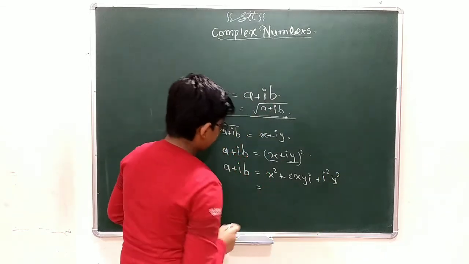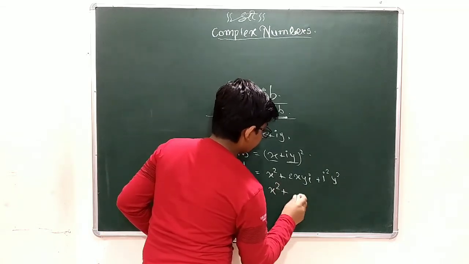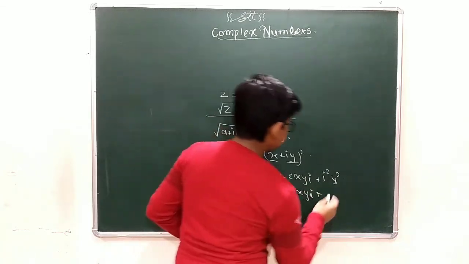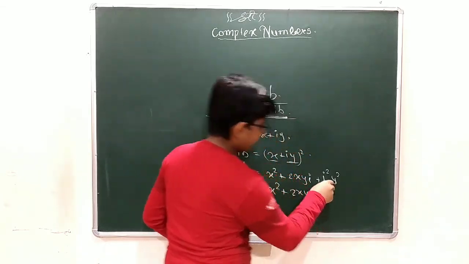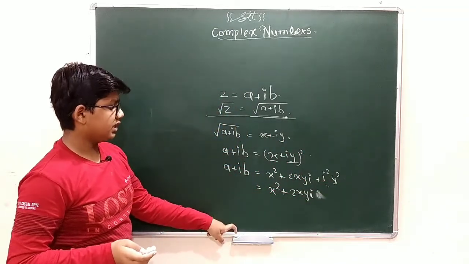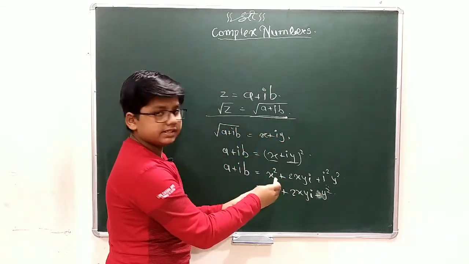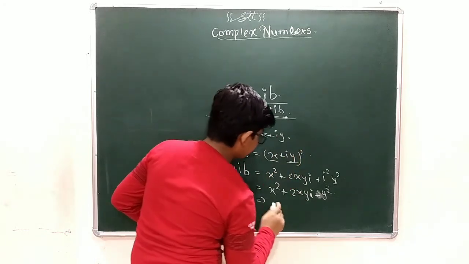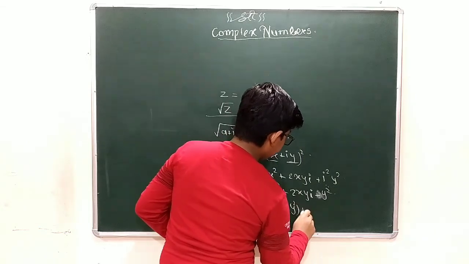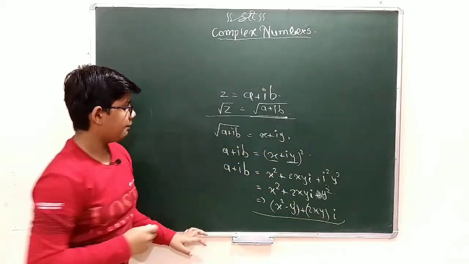Since i squared is negative 1, negative 1 into y squared is negative y squared. Now grouping the real part and the imaginary part, we get x squared minus y squared plus 2xy into i.